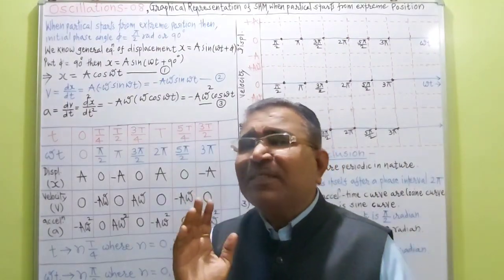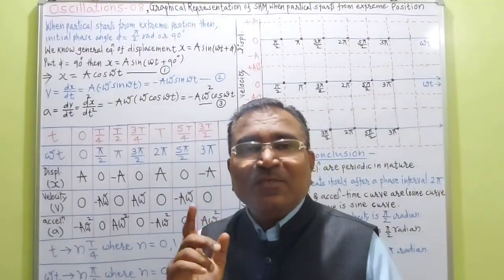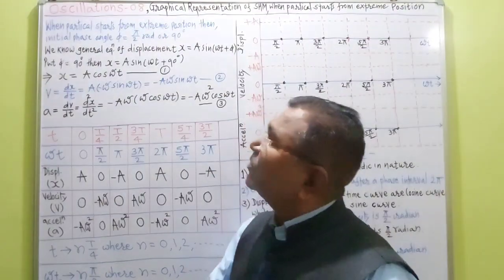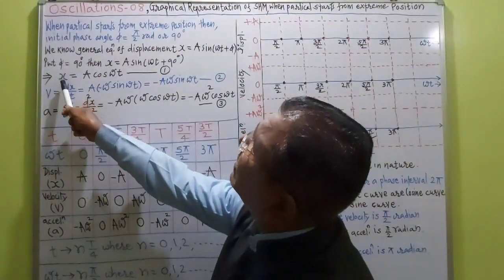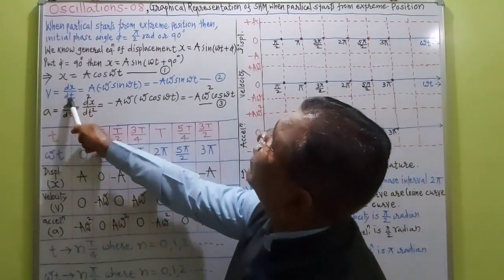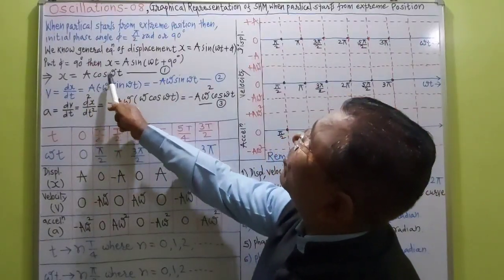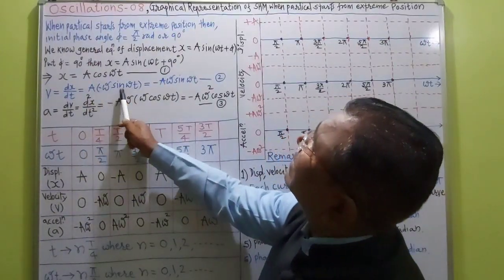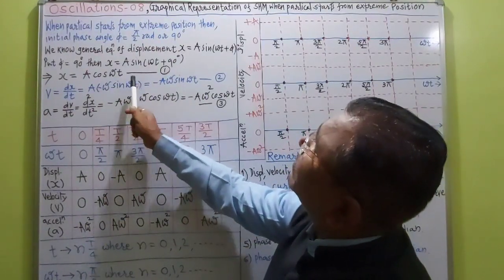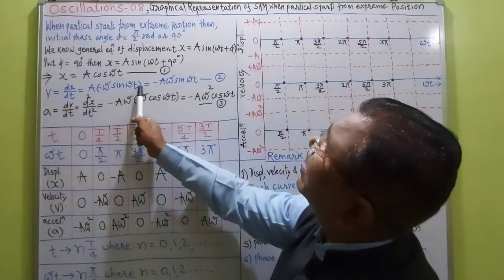From the displacement, we have to find the formula of velocity. What is velocity? Velocity is nothing but the rate of change of displacement. So here take the derivative of x with respect to t, we get velocity v is equal to dx by dt is equal to capital A, which is constant, and the derivative of cos omega t is minus sin omega t, again the derivative of omega t with respect to t is omega, and so we get minus omega sin omega t.